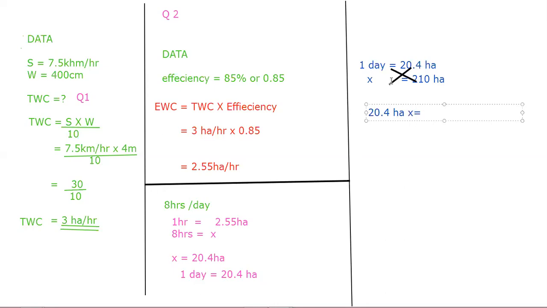That is equal to 1 day times 210, which is 210. When you divide that by 20.4, X will be equal to 210 divided by 20.4, and the answer will be 10.294.